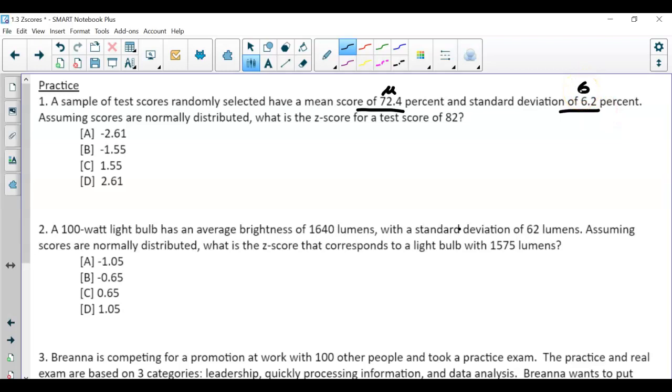What is the z-score given that the test score was 82? So that is your x. You're converting that test score of 82 to the z-score. So you just had to set this up, 82 minus 72.4, but divided by the standard deviation of 6.2. Then here you should have gotten C.